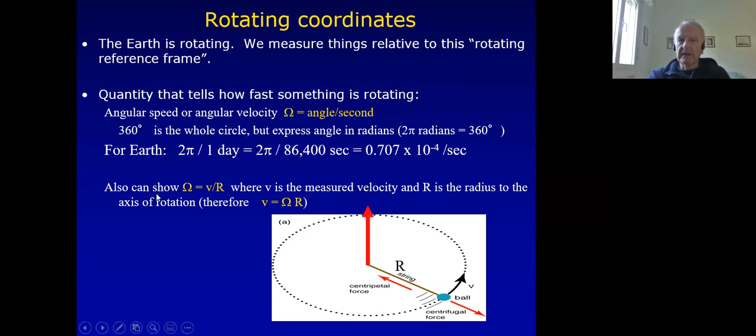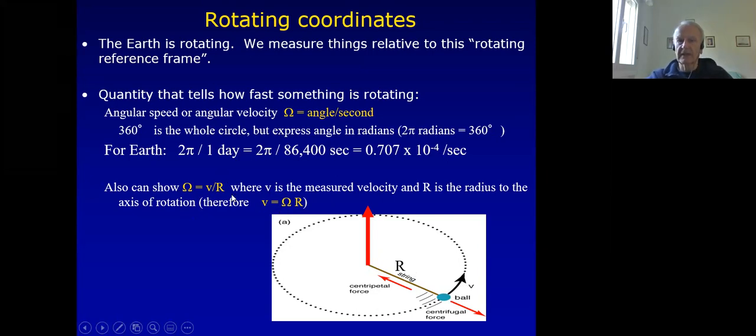Anyhow, we can show that omega is v over r, where v is the measured velocity and r is the radius to the axis of rotation. The tangential speed is omega times r.